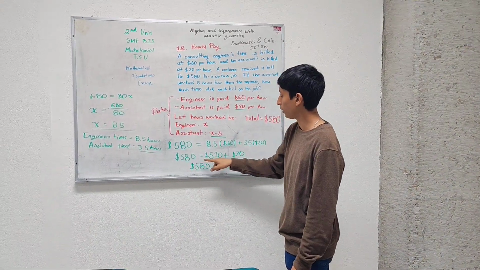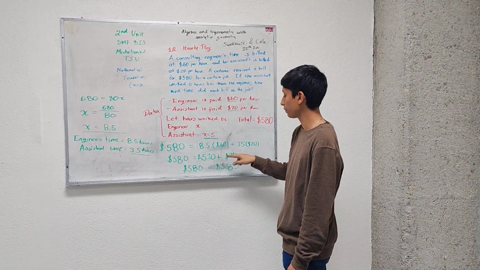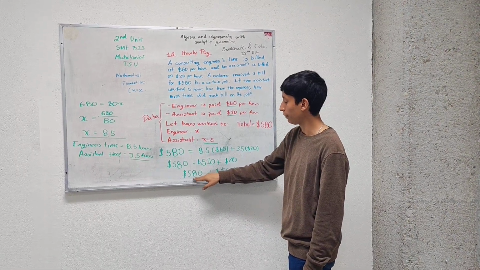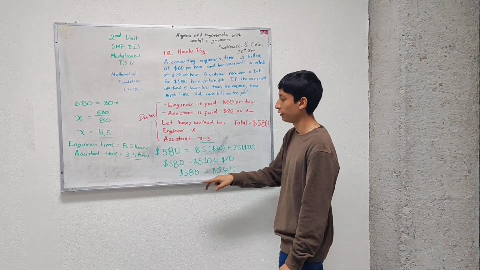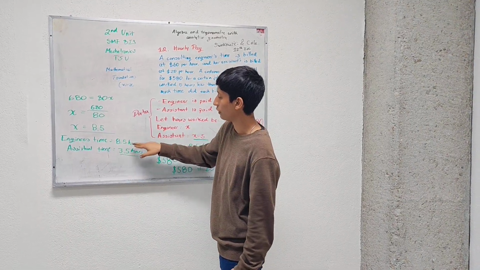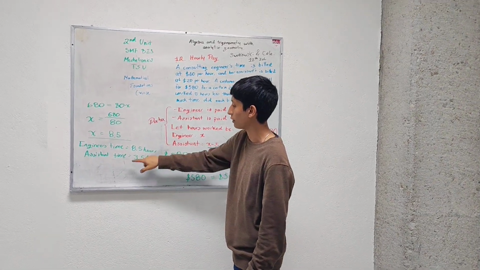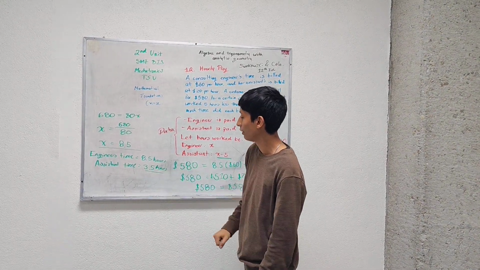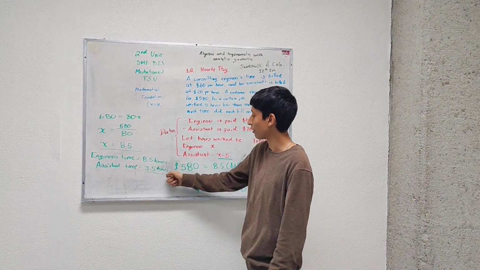So $580 is equal to $510 plus $70. So we conclude that $580 is equal to $580. So we can say that these results, 8.5 hours for the engineer's time and 3.5 hours for the assistant's time, are okay.